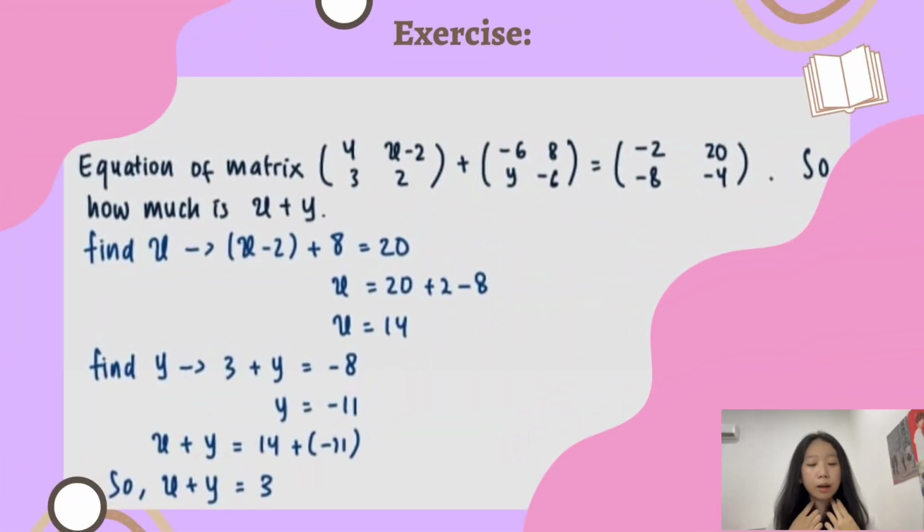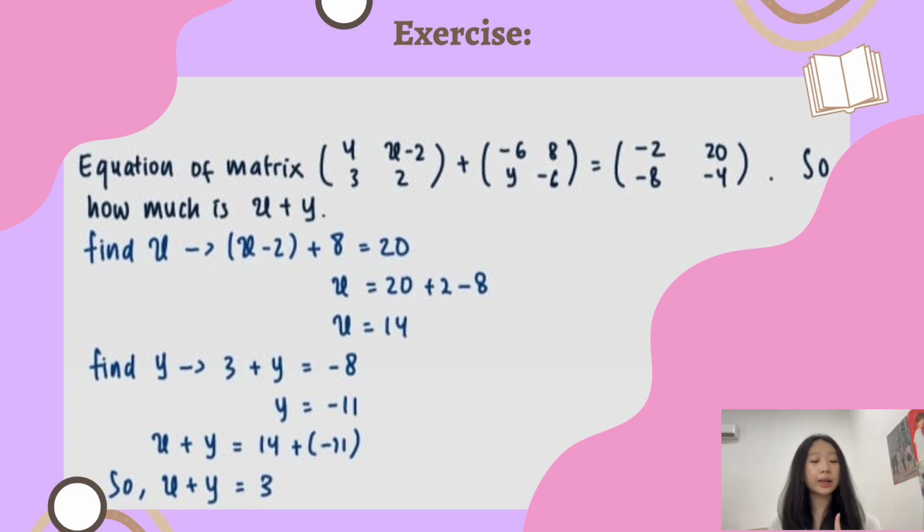For the last example, we have to find X and Y. Then we can add those. For the X, we have the equation X minus 2 plus 8 equals 20. So it remains X equals 20 plus 2 minus 8.